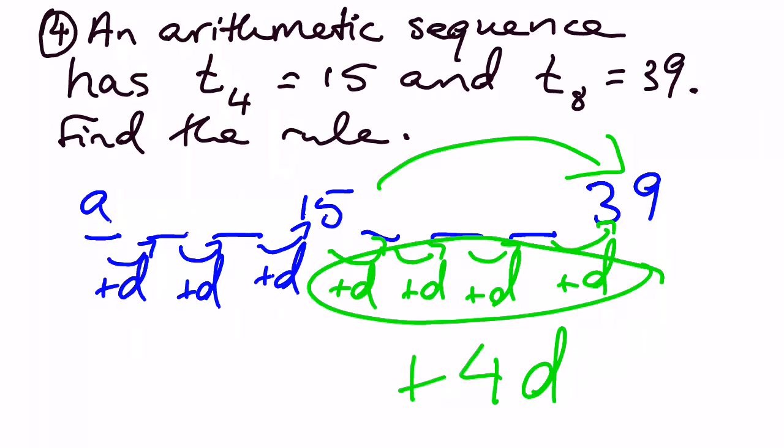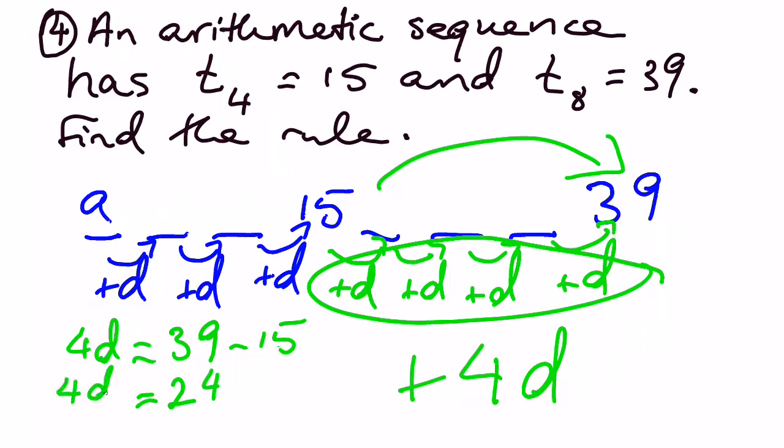So that means 4D equals 39 minus 15. 39 minus 15 is 24. So 4 times D is 24. That means D must be 6.